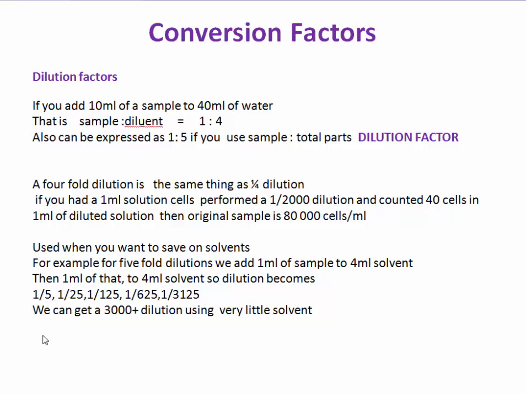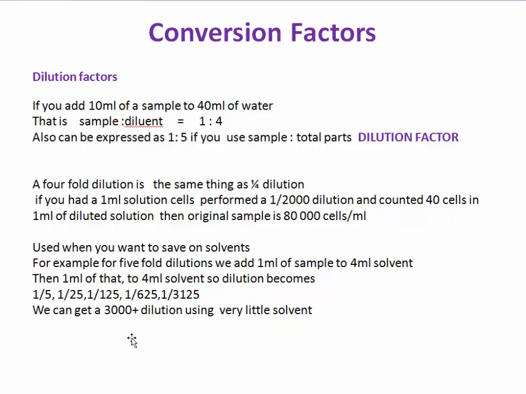So our dilution factor then becomes 1 to 5, the next one 1 to 25, the next one 1 to 125, the next one 1 to 625, and then the next one 1 to 3,125. So you see that we get over a 3,000 fold dilution using very little solvent.